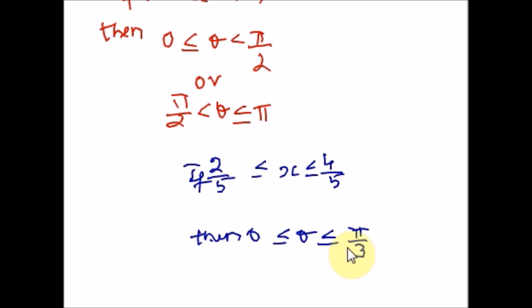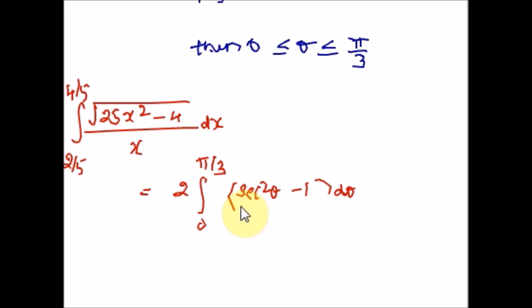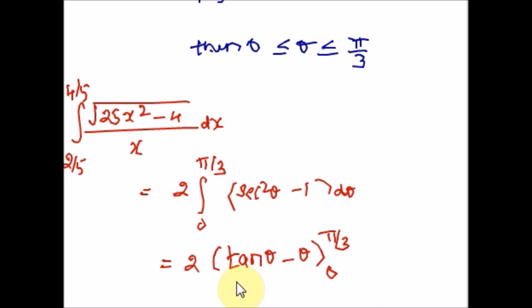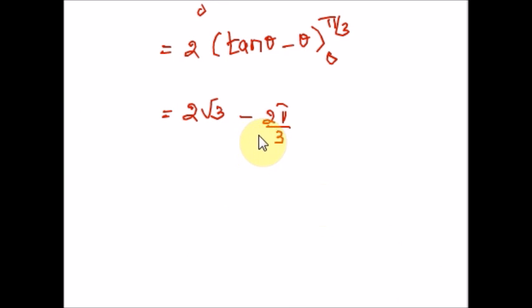So I will move to the answer directly. If you find the integral, this will turn into tan theta minus theta for the limits 0 to pi over 3, and there will be a 2 outside the integral. So this would give us 2 square root of 3 minus 2 pi over 3. Did you note the difference between the first example and this one? There we were using a right triangle to complete the problem.